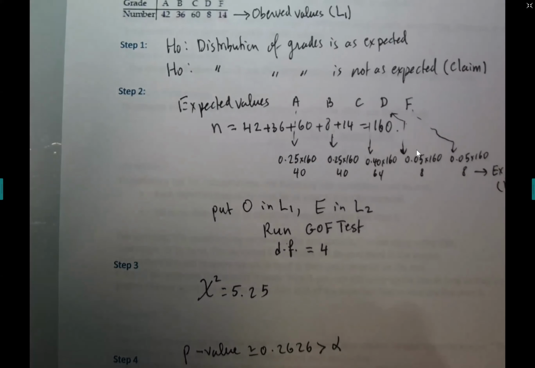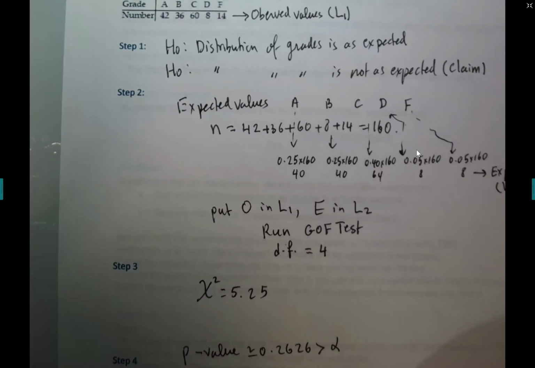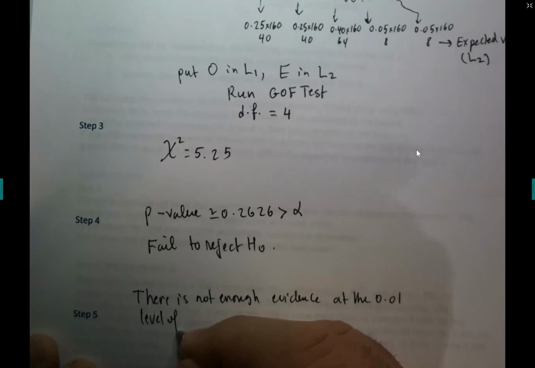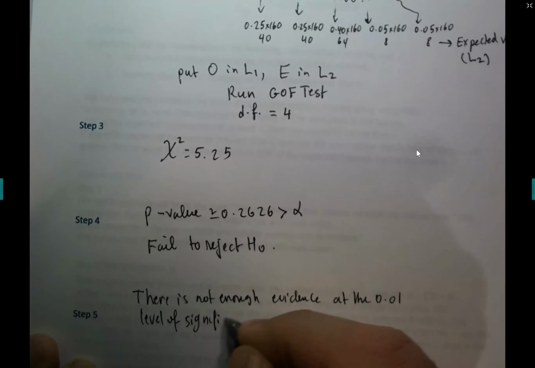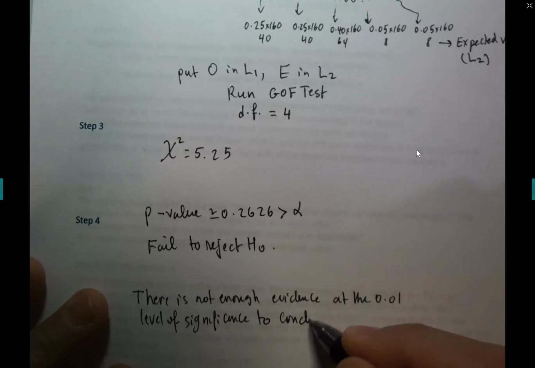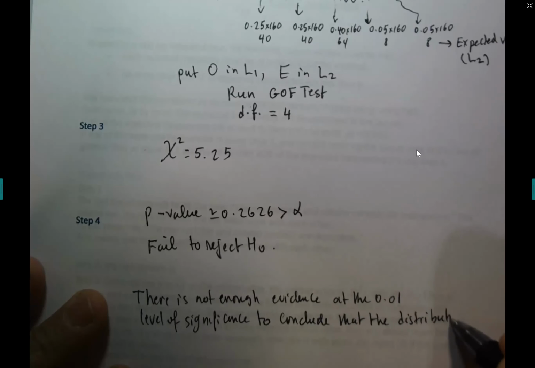And then conclusion: there is not enough evidence. What was alpha? At the 0.01 level of significance you can say to support the claim, or you can say to conclude that the distribution of grades has changed or is different than expected.